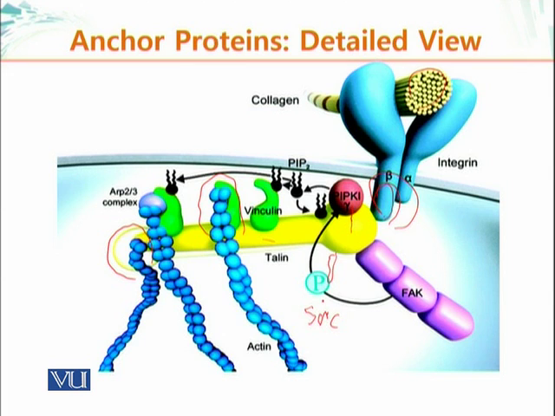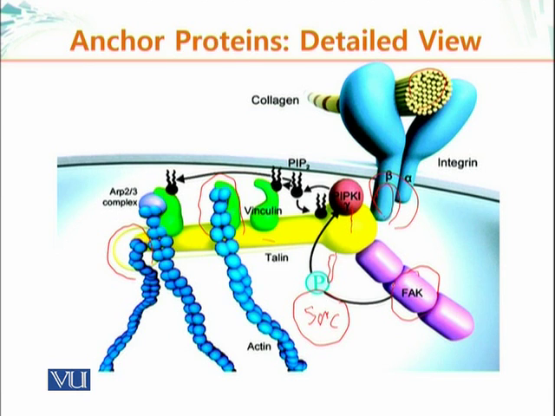SRC is basically short for sarcoma. It is a proto-oncogene. It is a non-receptor tyrosine kinase that is encoded in humans by the SRC gene. Its activation happens by FAK, focal adhesion kinase.